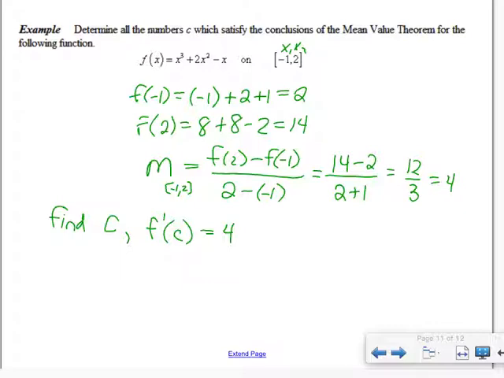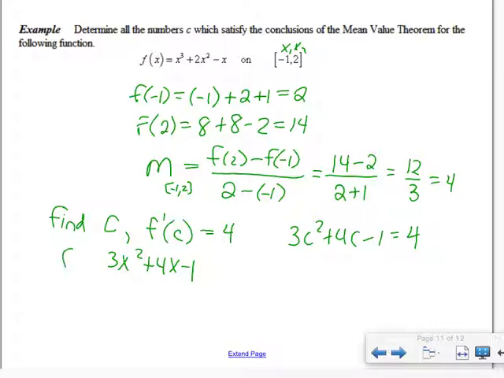So let's take the first derivative of our function. That would be 3x squared plus 4x minus 1. Let's make those c's, and let's look where that would equal 4. Okay, so there's some c that makes that first derivative equal to 4.